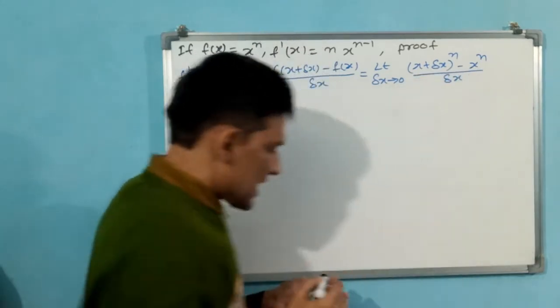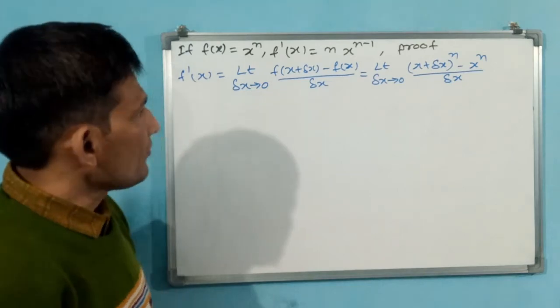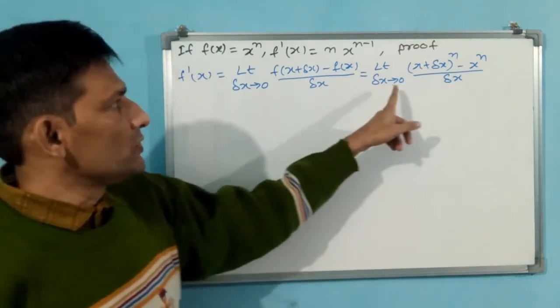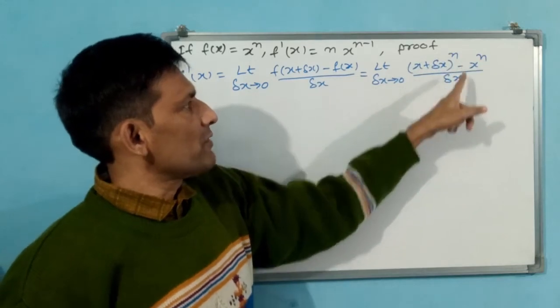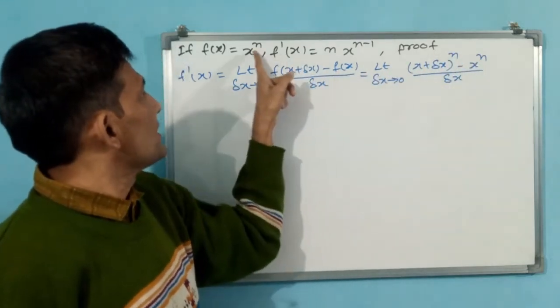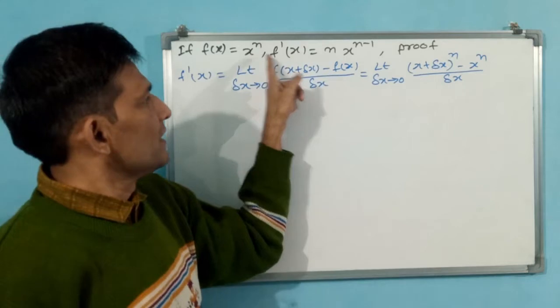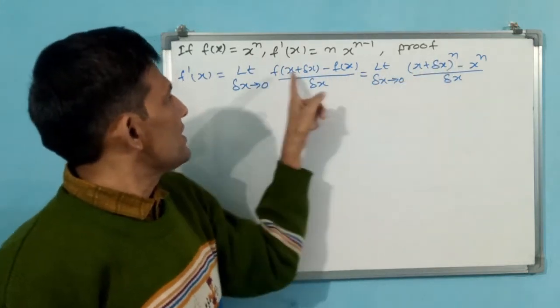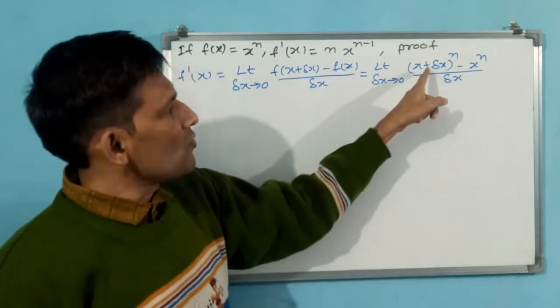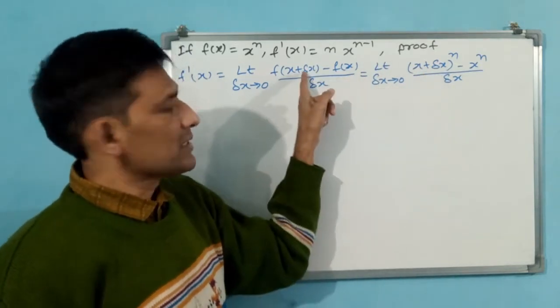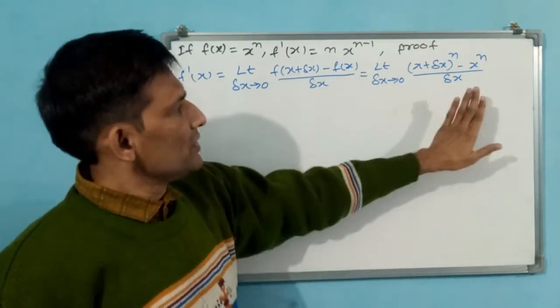First of all, you understand, is it correct? f dash x is equal to limit delta x tends to 0, x plus delta x whole power n minus x power n by delta x. Why? Because x power n is the function here. x plus delta x whole power n is f of x plus delta x. Where x is there, you have to put x plus delta x.